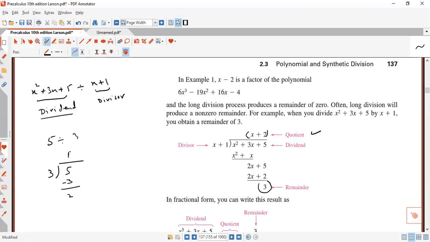If I do not go to decimal places, because this 2 is less than 3, then this 2 is my remainder. This is your quotient. This is the divisor. You know these things very well from school level.